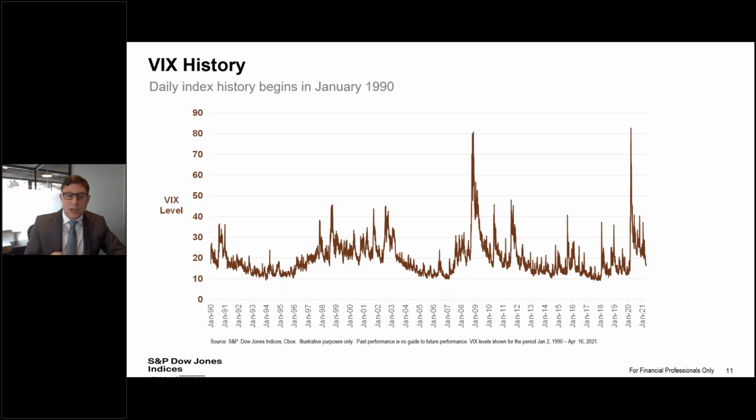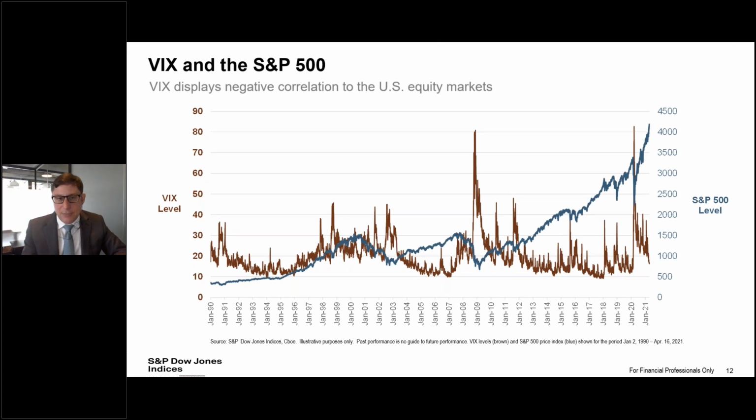One that's not quite so obvious, but I will point out and go into a little bit more detail, is its negative relationship with the equity markets. So I've overlaid here on that chart the price level of the S&P 500, which goes from the bottom left to the upper right.